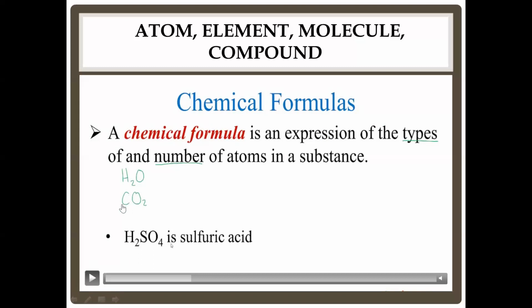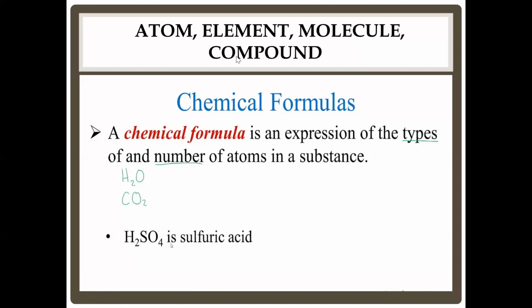Okay, and if you look into the formula of carbon dioxide, carbon and oxygen. If you look into the formula of sulfuric acid, hydrogen, sulfur and oxygen. Means here we have three types of atoms.